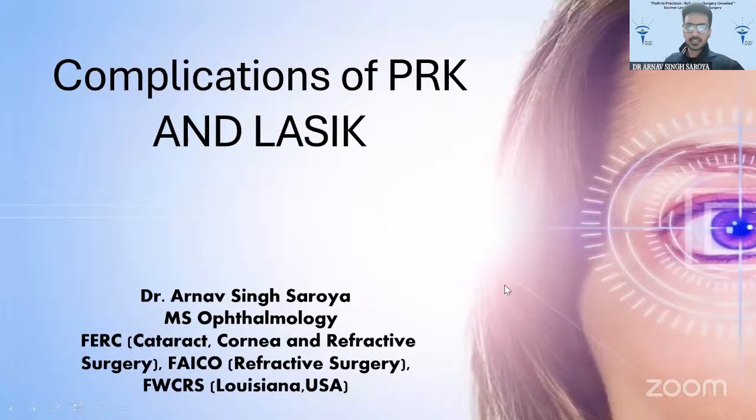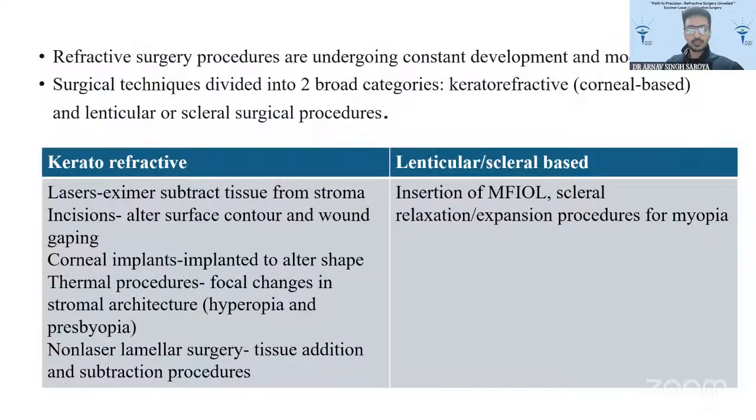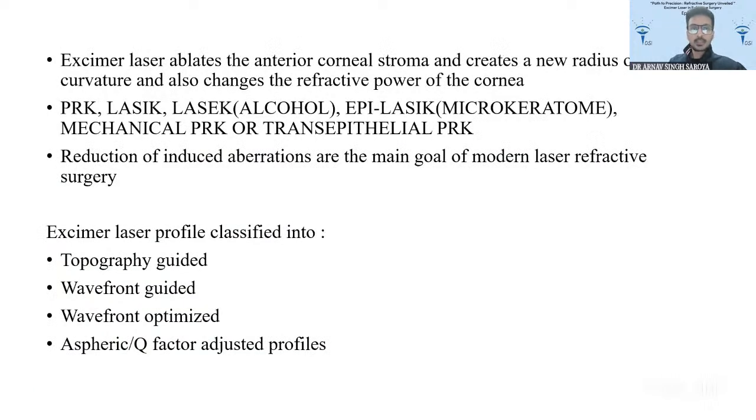After an extensive discussion on the topic of PRK and LASIK, Presbyopic and everything, I've tried to summarize my topic as quick as possible. Starting from, the refractive surgery procedures have been broadly classified into keratorefractive and lenticular based. What we're going to cover today pertains to PRK and LASIK. What is done is Excimer laser ablates the anterior corneal stroma and creates a new radius of curvature.